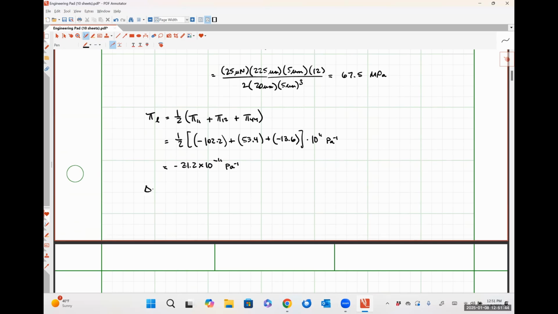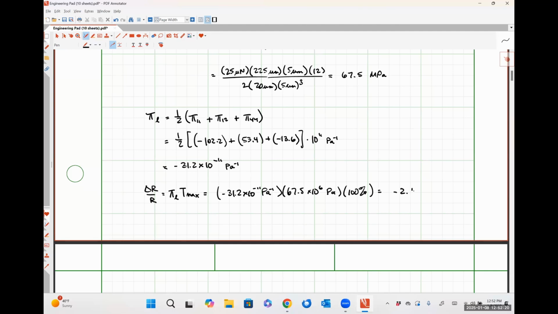And our fractional change in resistance, delta R over R, is simply pi L times T max, which comes out to be, let's see, negative 31.2 times 10 to the negative 11 per pascals, 67.5 times 10 to the 6 pascals, and then I'm going to do times 100% just to give this as a percentage.